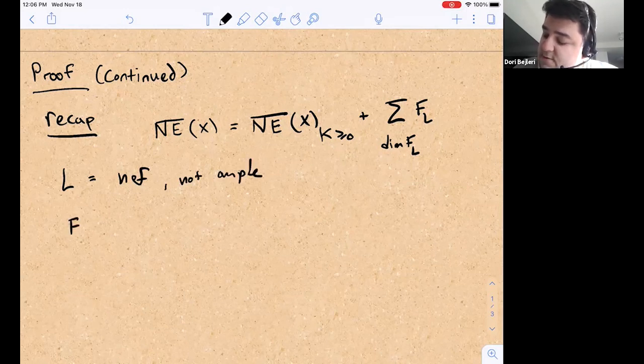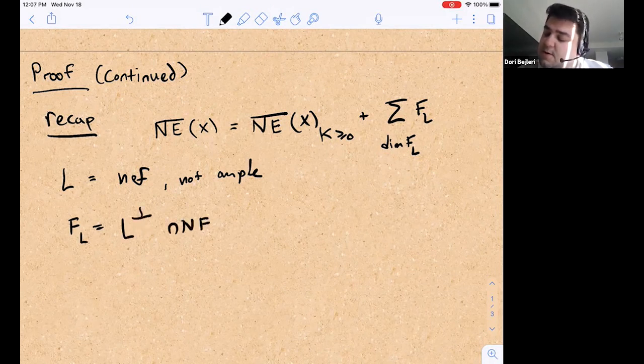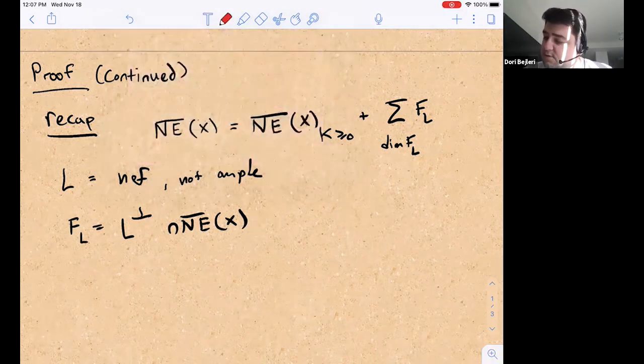and F_L is an extremal face cut out by L perp intersect NE bar. So it's a face where L equals 0, and where we're looking at the sum over such faces that are just one-dimensional, i.e. these are rays. But they're rays contained in the negative part.